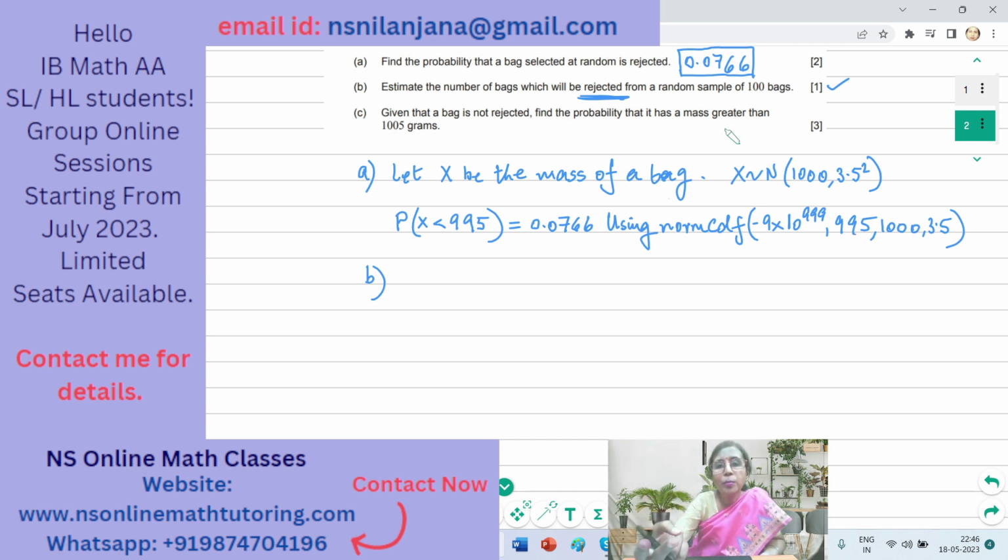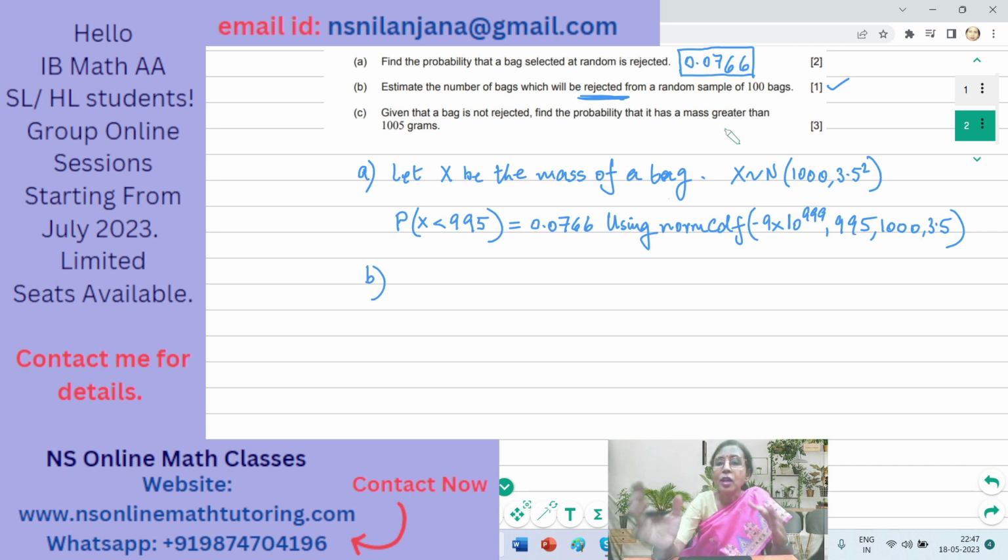There are only two possible outcomes, and the number of trials is fixed. We have just taken 100 bags, and they are asking us to estimate approximately on an average how many bags out of those 100 bags will be rejected because of having a mass less than 995 grams.